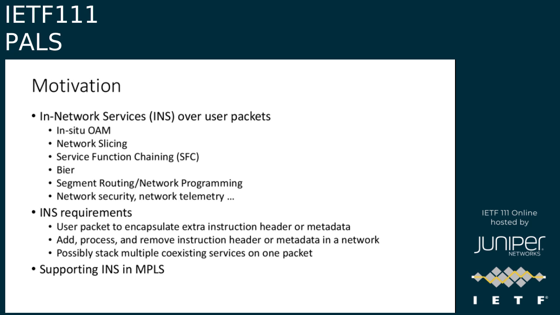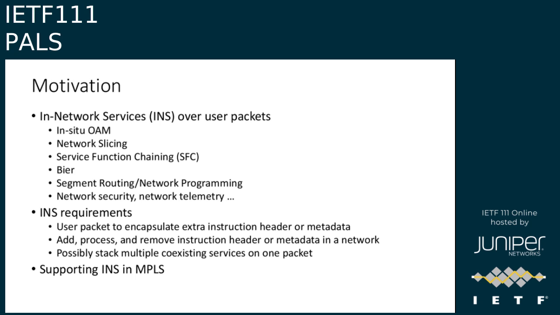First, let me recap some motivation for this work. We observe there are some new in-network services over user packets emerging, for example, in-situ OAM, network slicing, service function chaining, BIER, segment routing, network security, and network telemetry. All of these need to add some special metadata or instruction to the packet header.